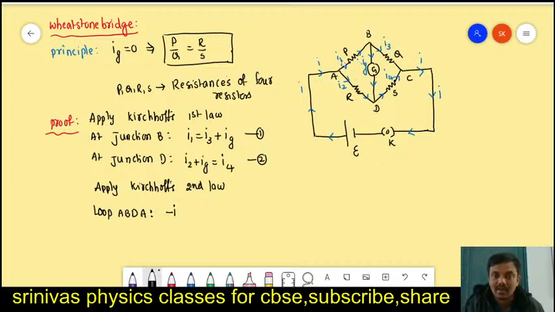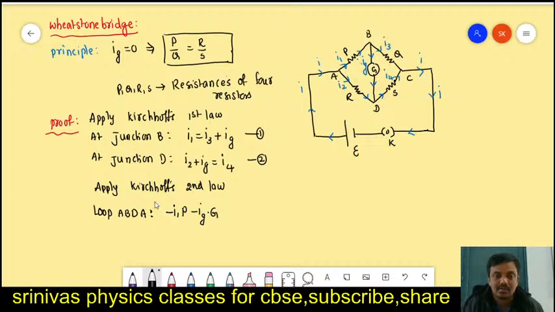Current is I1. Resistance is P. Minus I1 P. Next, B to D I am going. B to D means you follow the cursor. In the direction of the current I am going. Then the Ig current into resistance you have to write minus IR again. Ig into resistance of the galvanometer, I will take as G.